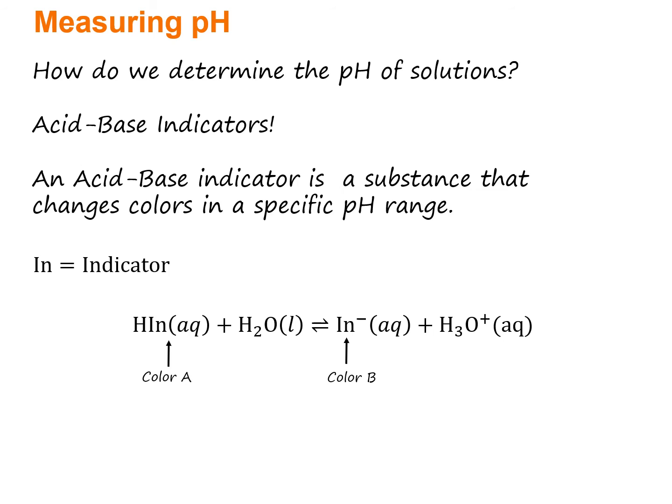And so when the indicator reacts and becomes in a more basic solution, the indicator loses its proton and you end up with a different color. So basically at some pH it's going to lose a proton or gain a proton, and that ends up changing the color of the complex that we have in solution, and that indicates some change in the pH.